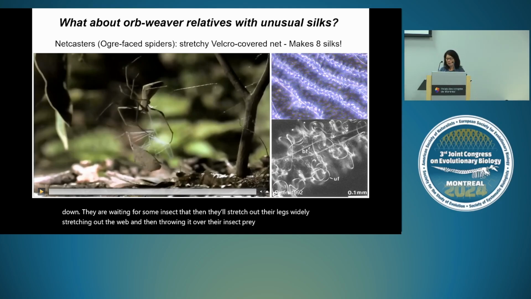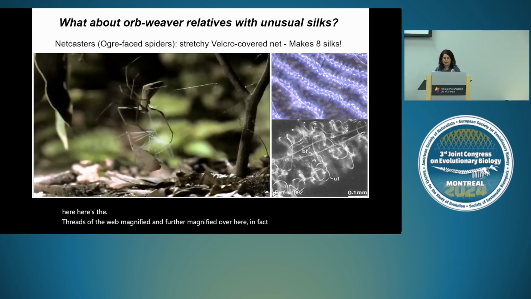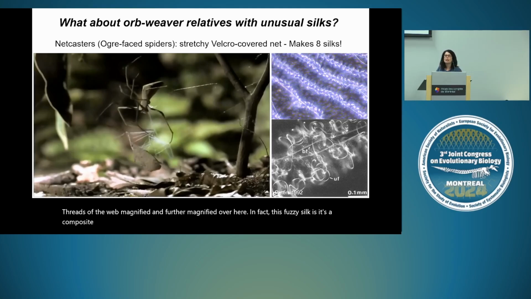And I want to point out that this web here, here's the capture threads of the web magnified. And further magnified over here, in fact, this fuzzy silk is a composite that's woven together from 4 different silk types that are produced from 4 different glands in this spider. Okay, so that's amazing.